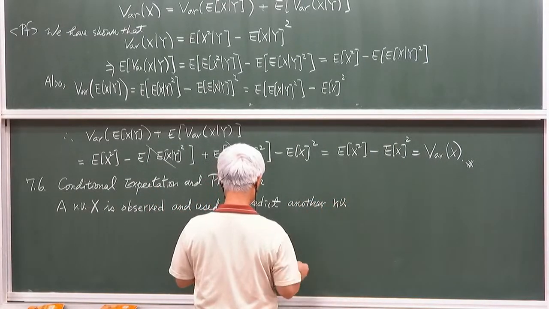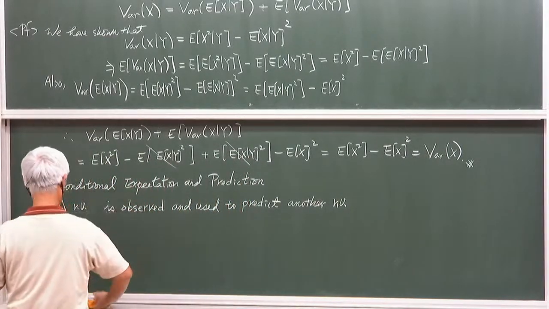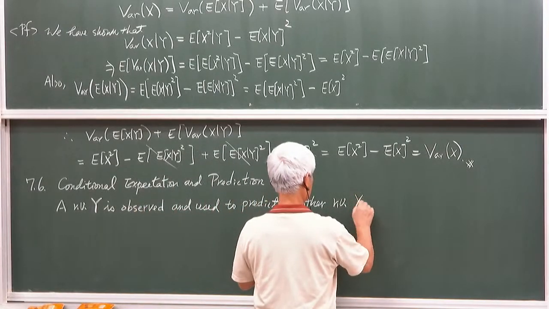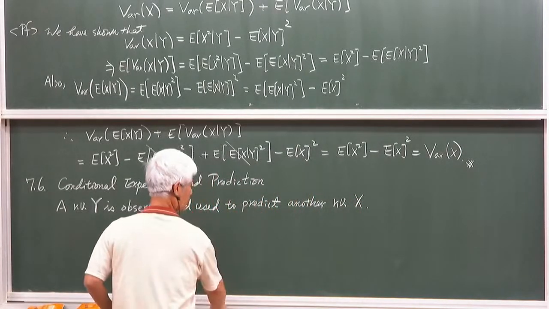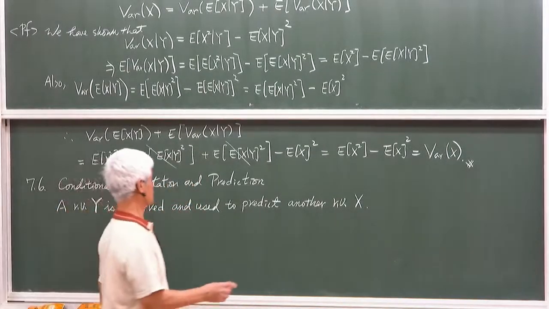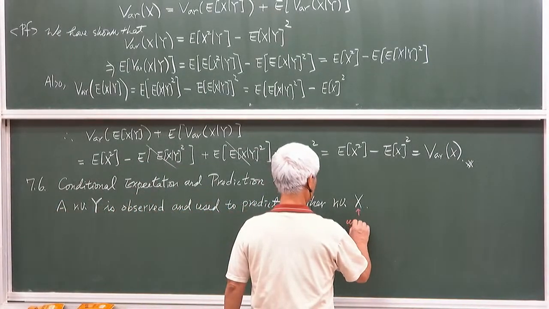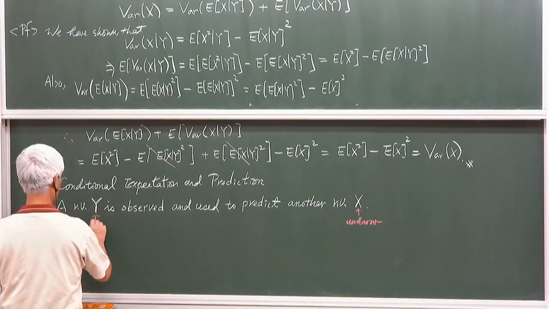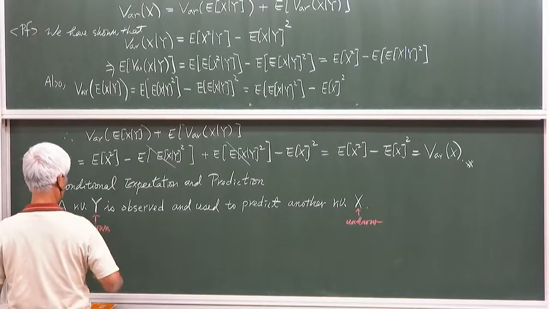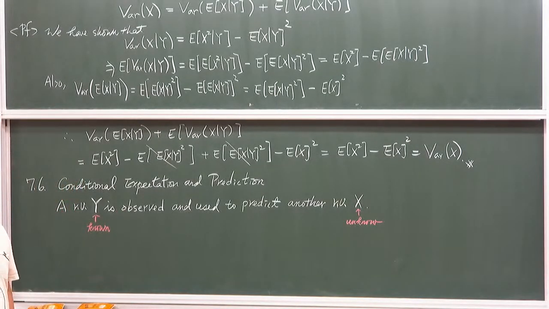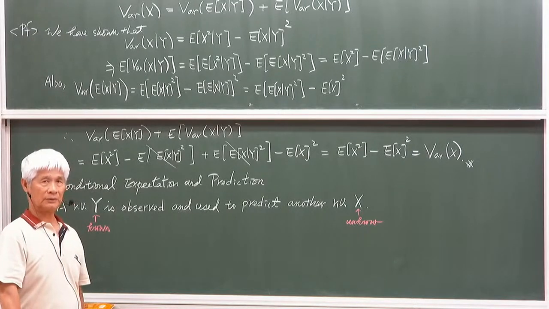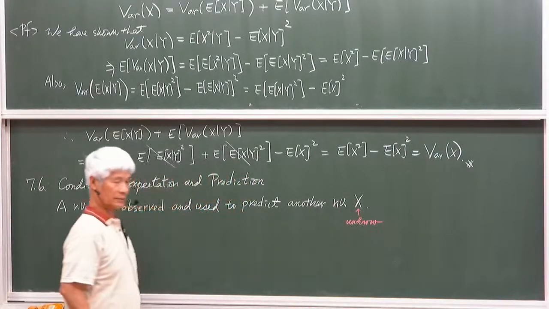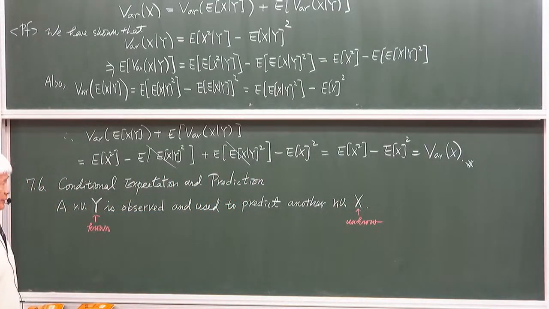Maybe I will change the role. So a random variable Y is observed and used to predict another random variable X. So X is unknown, and Y is known, because it is observed, so we know the value of the random variable Y. And then we want to predict the value of the other random variable X.